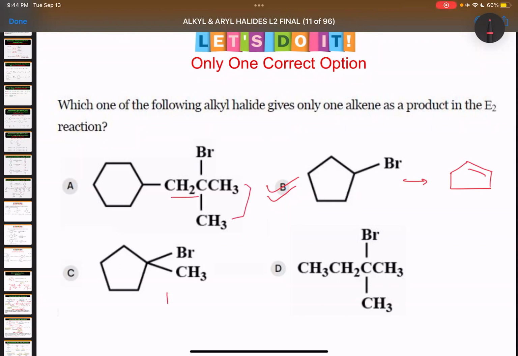And here also, similarly, D only 2. This is going to be the major. Right?